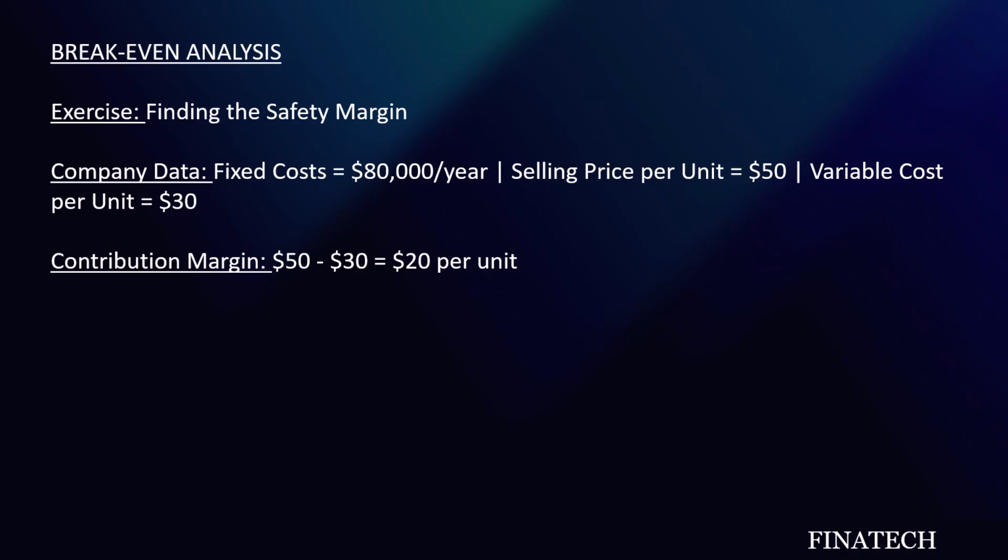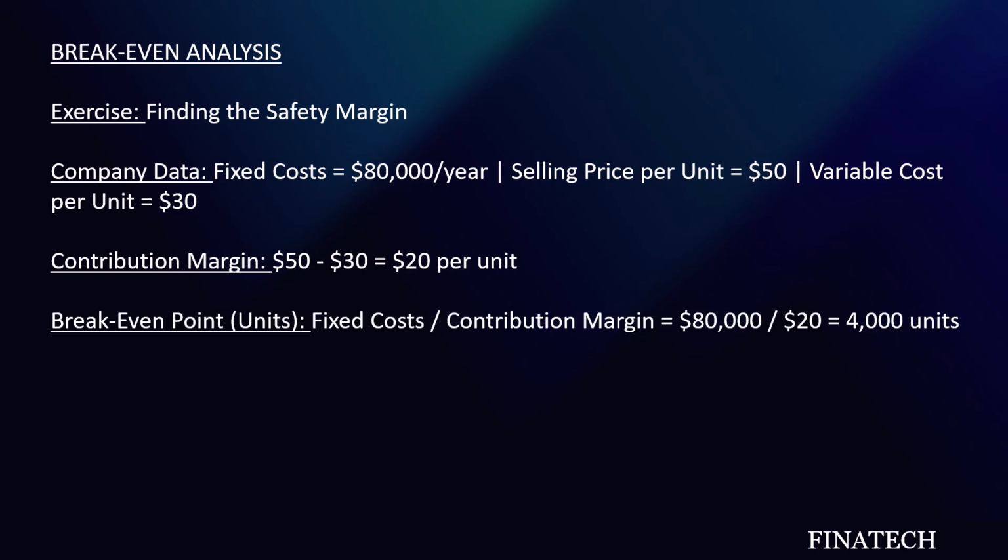Fixed costs are 80,000 in a year. Selling price per unit is $50 and variable cost per unit is $30. You see the difference between selling price and variable cost is $20 per unit.